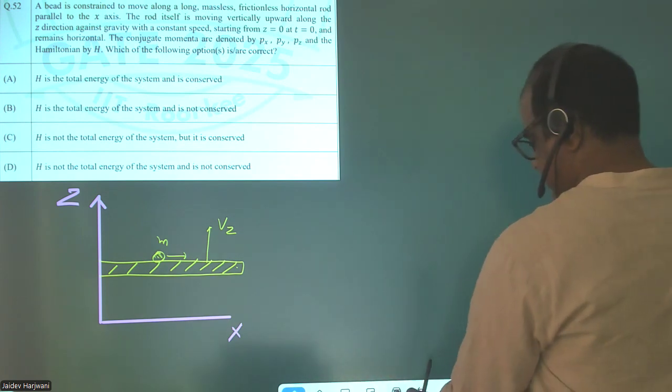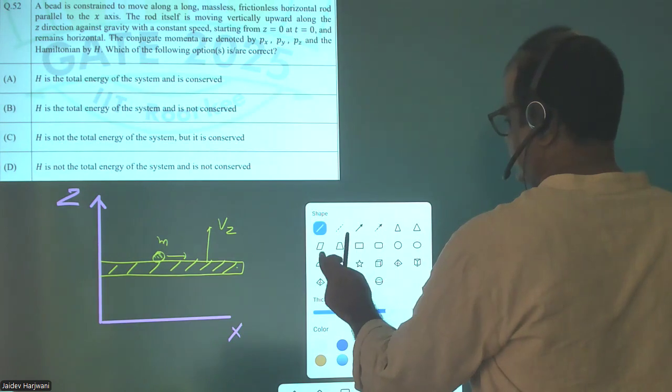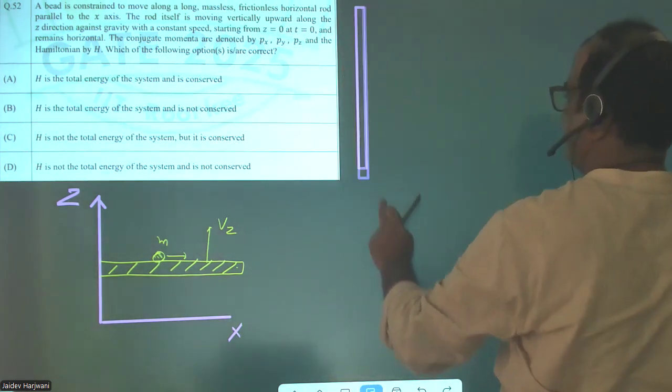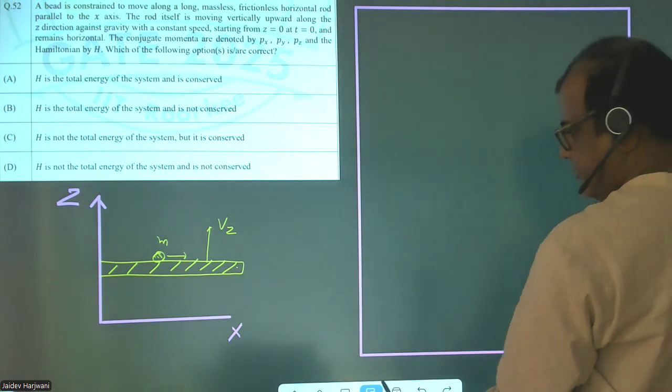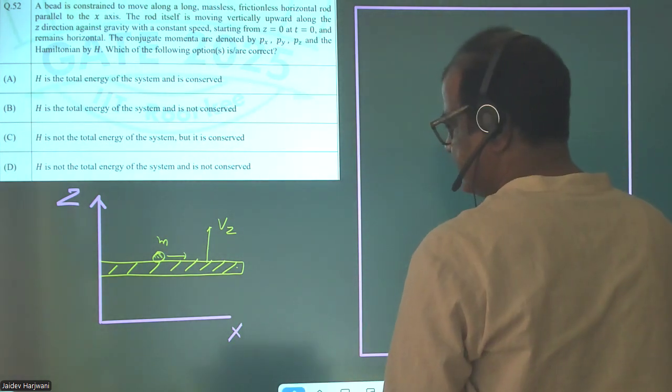Now I have to first write the Lagrangian for this problem.